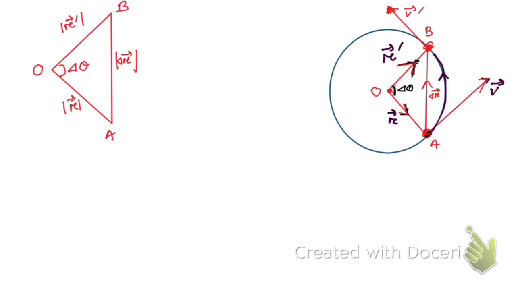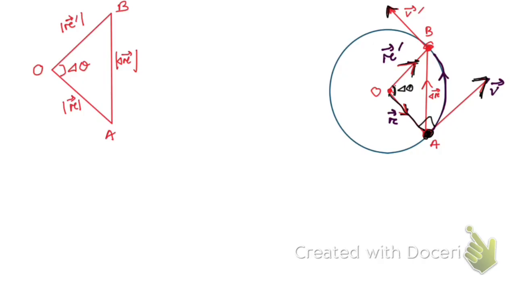Now you see the instantaneous velocity directions of V and V dash. These are along the tangent at this point. The instantaneous velocity at A is along the tangent at point A, and we know that the radius drawn through the point of contact of a tangent to a circle is perpendicular to the tangent.